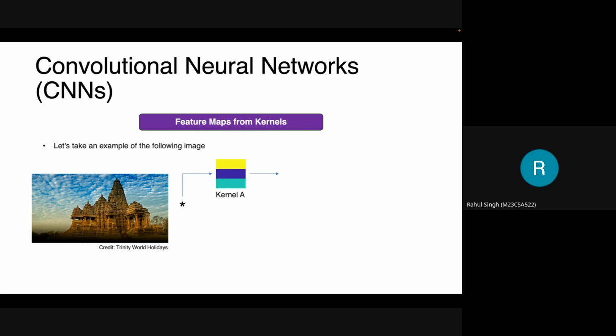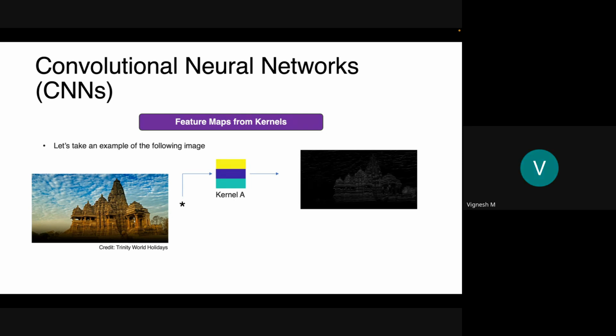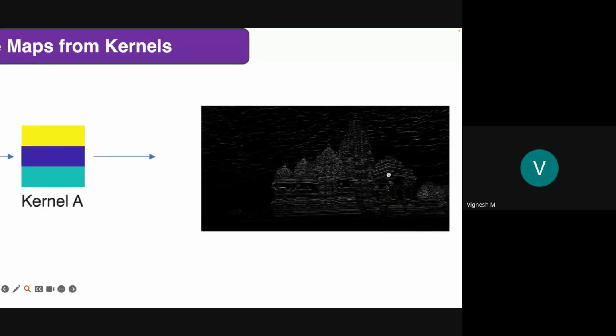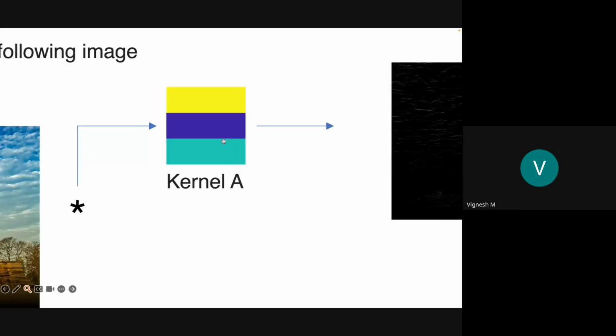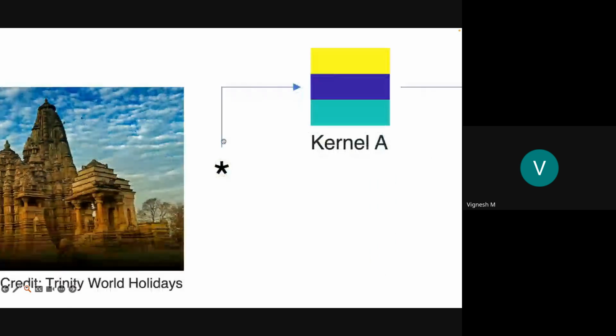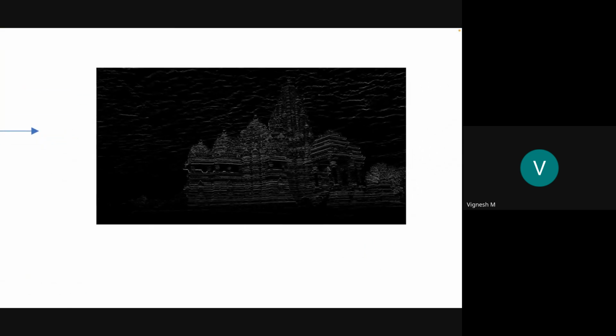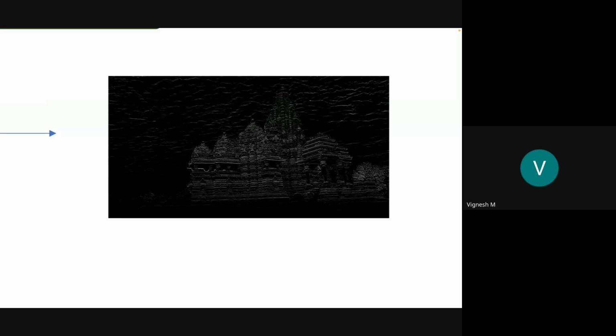All the horizontal edges will be revealed. So something like this. This is my output. In this image, you can see that this tells you all about the horizontal lines in the image.